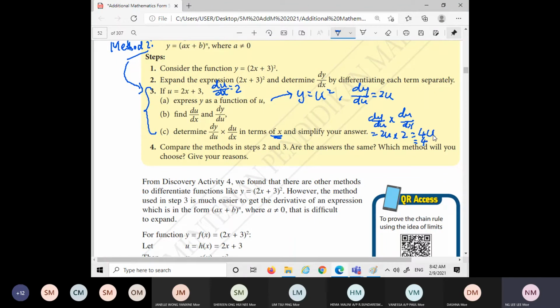So you replace the u with the expression in terms of x, which is here: replace u with 2x plus 3. Expand, so 8x and 12. Compare with the answer above.